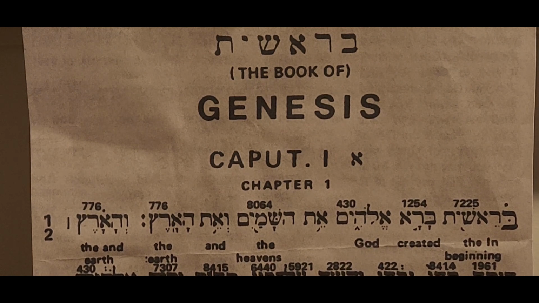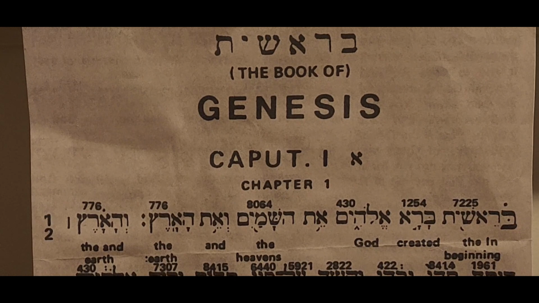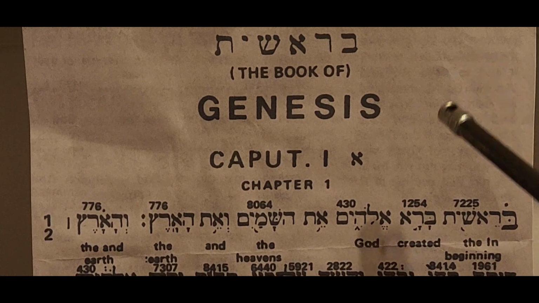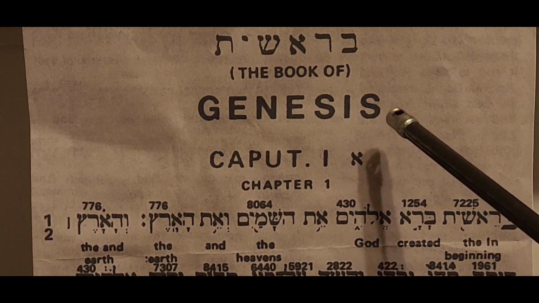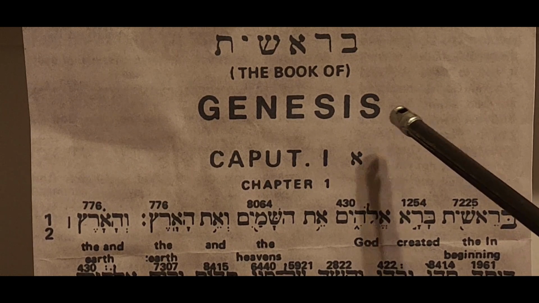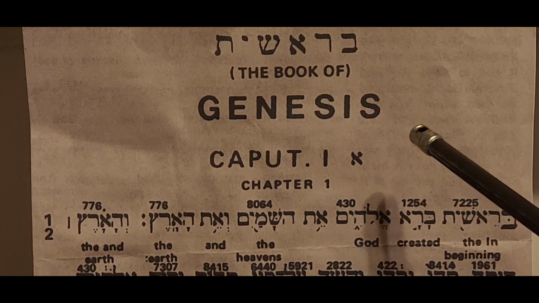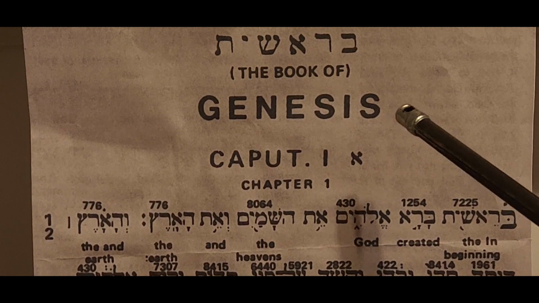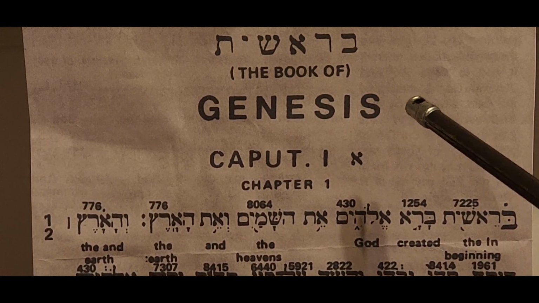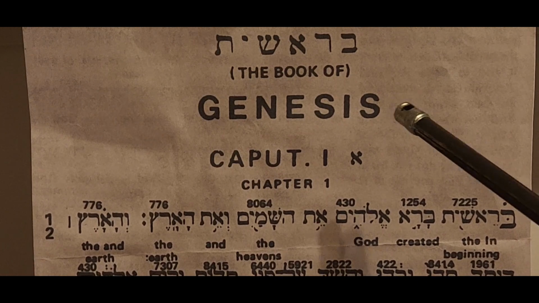Well, I said we would start at the beginning, and quite literally, we are at the beginning in the book of Genesis. This is called a Hebrew English interlinear scripture.